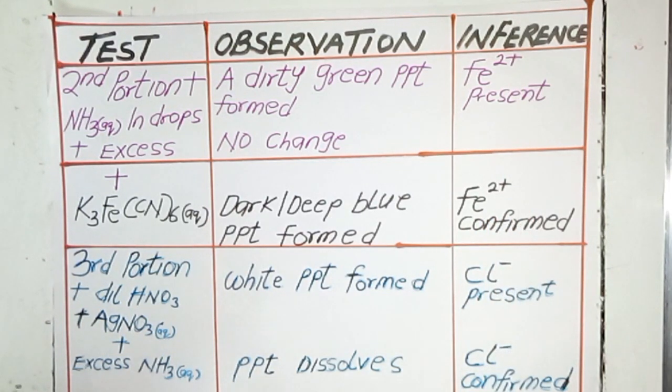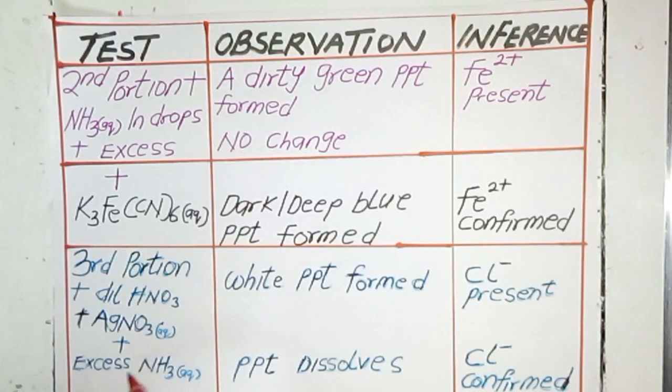Then lastly, I also added this one, third portion plus dilute HNO3 or HCl, as the case may be, plus silver nitrate solution. We expect a white precipitate to be formed and Cl- present.